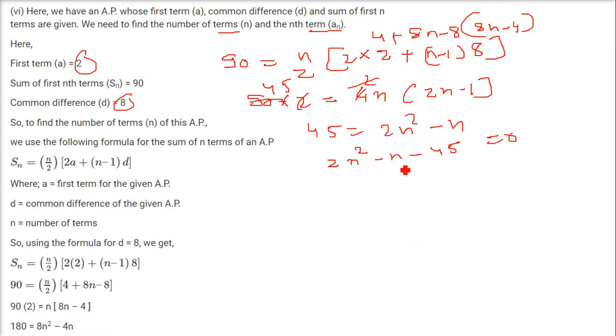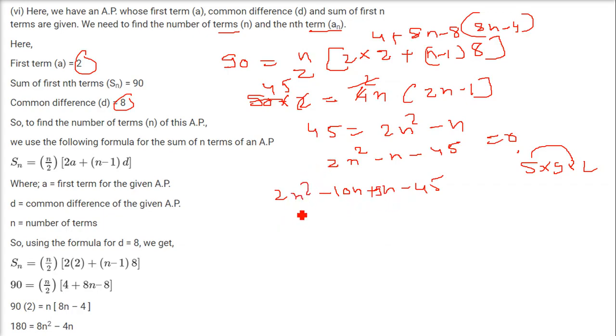So now we have to do something so that we get n. This is 45 into 2, so what do we get? 45 into 2, 5 9s are 45, and we have 2. So 5 2s are 10 and 9. So you get 2n square minus 10n plus 9n minus 45. Then you get 9n.